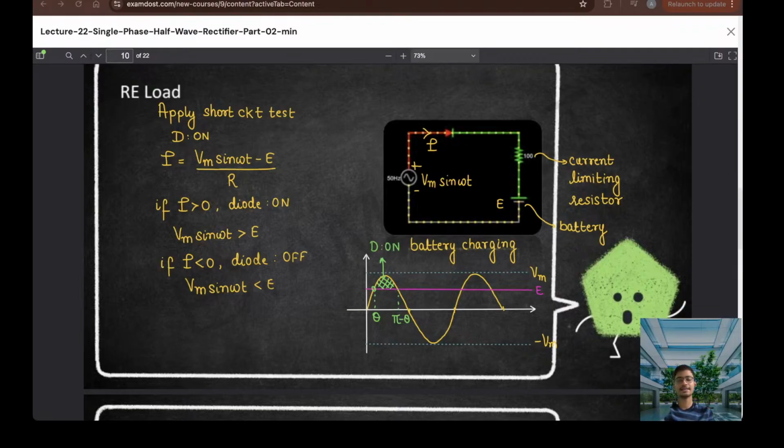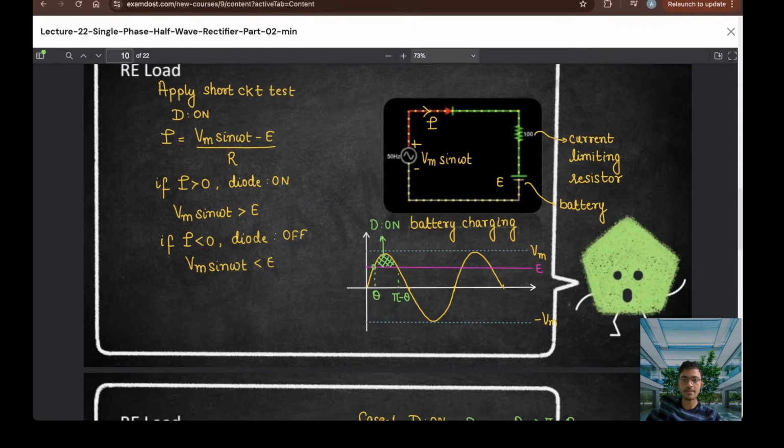So for theta to pi minus theta, the diode is on, so the current would be greater than 0, that means it would allow the current to pass through it.